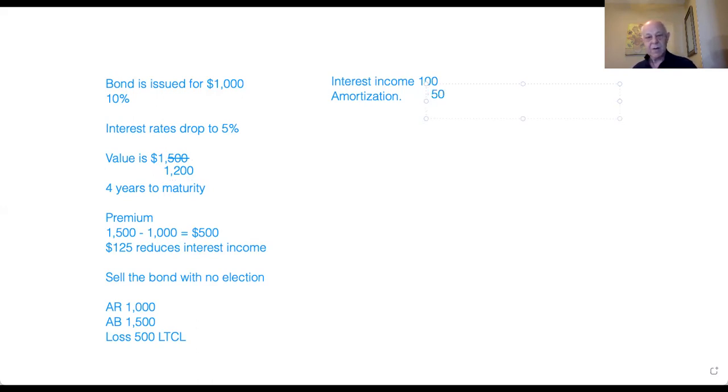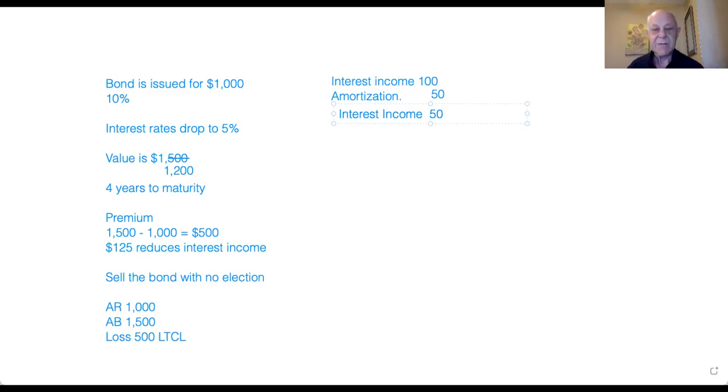And so our net interest income, or our interest income now from this bond for the year, will be $50. Because we have interest income on the bond, we have a 10% coupon on a $1,000 face, that's my $100.